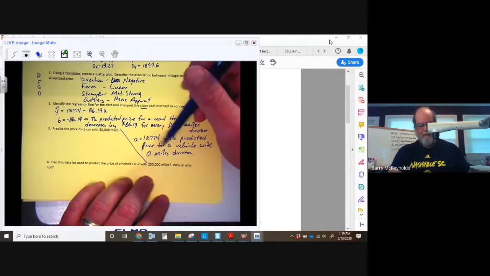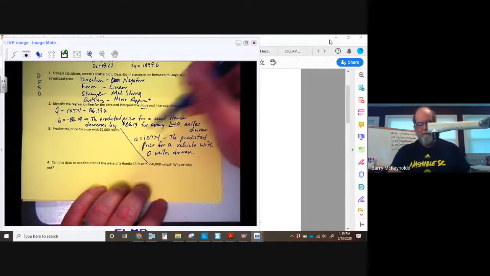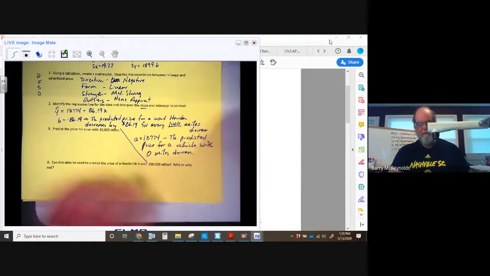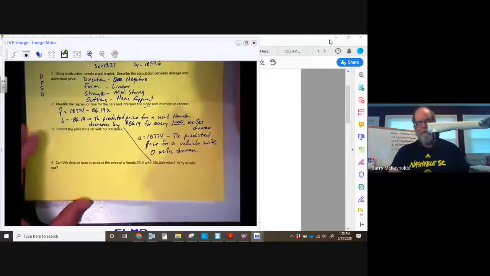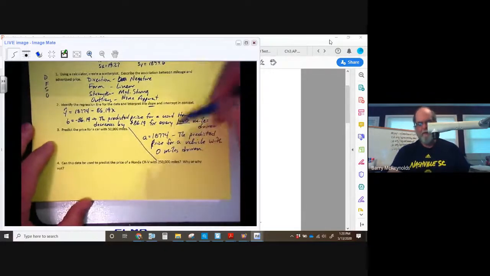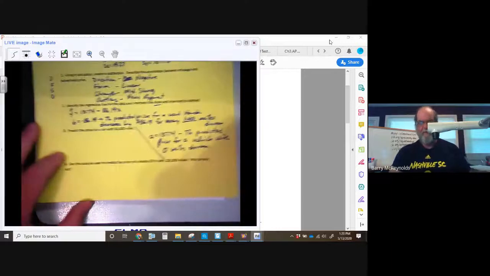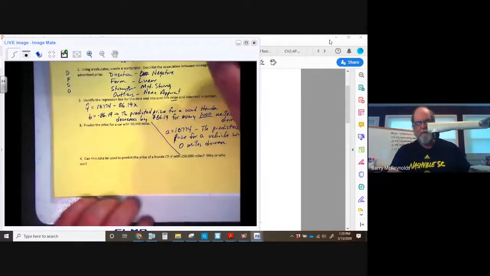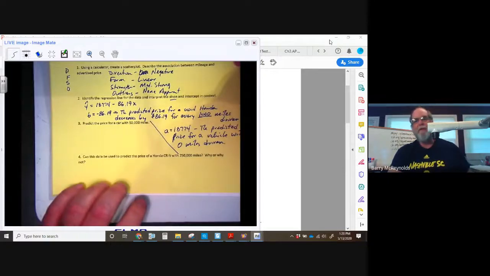Honestly, this is one of those where the y-intercept doesn't have a lot of practical meaning. Although you could say it's for the price of a new one, in the context of our question, we're only concerned about buying used cars.